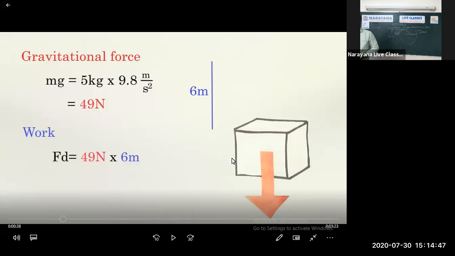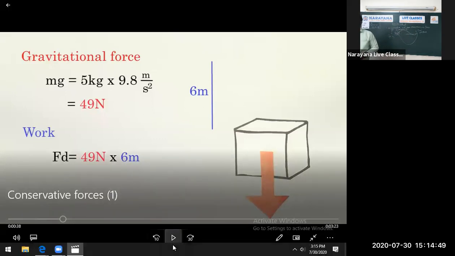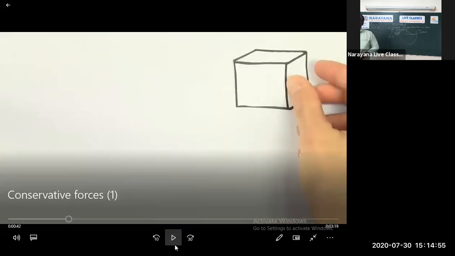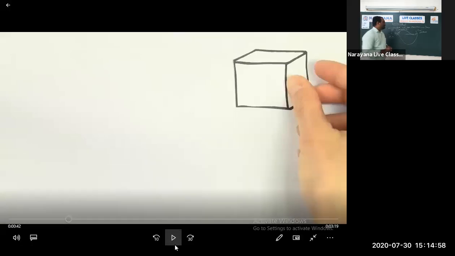So 49 into 6, we get around 294 joules. This is the work done when the block is taken from one point to another point 6 meters away.